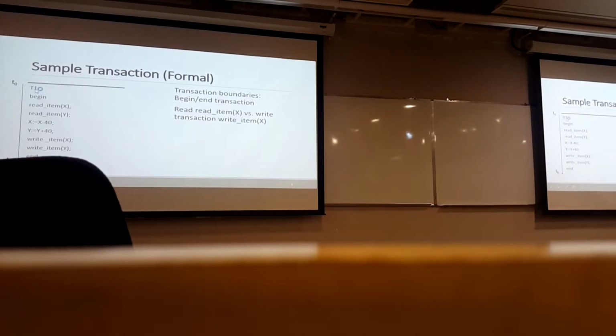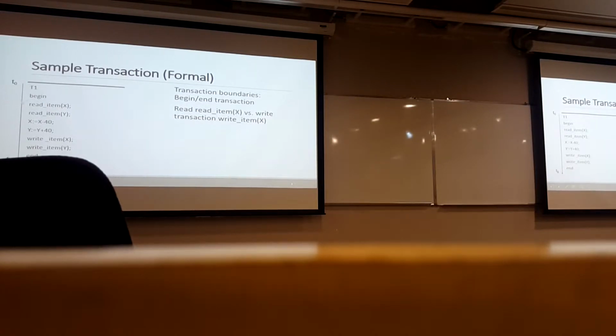So in T1, you would have begin and end. Everything in between will be considered a transaction. 當你咁樣寫之後，中間呢啲 either 係全部都唔被執行，或全部都被執行。Got it? So once you write it that way, all those small steps belong to the same transaction.